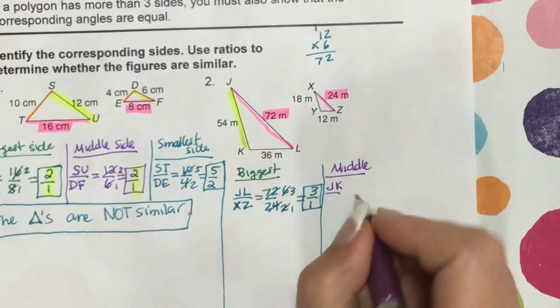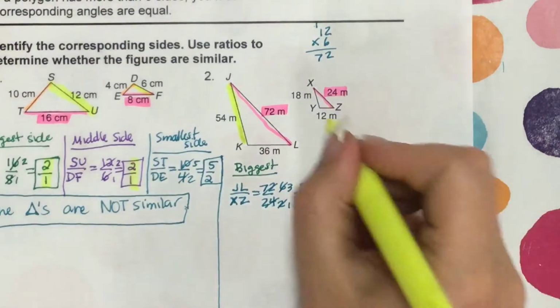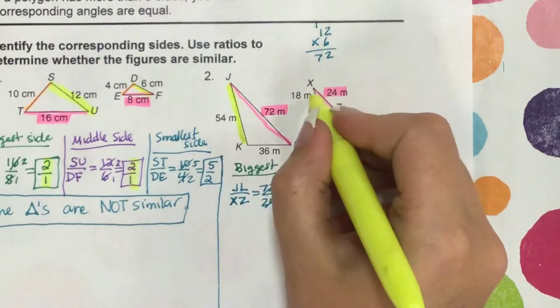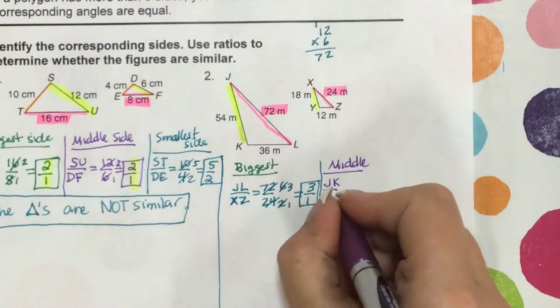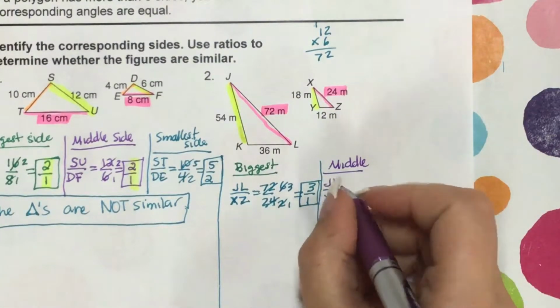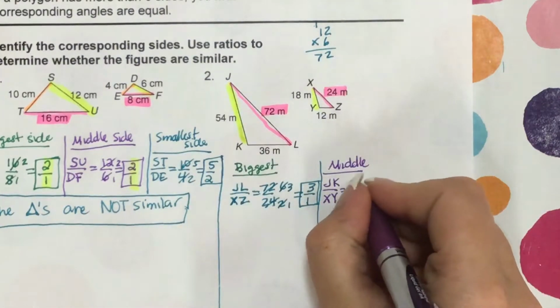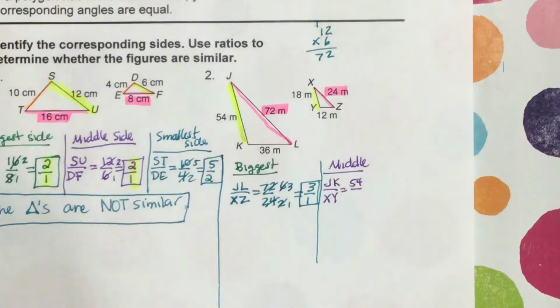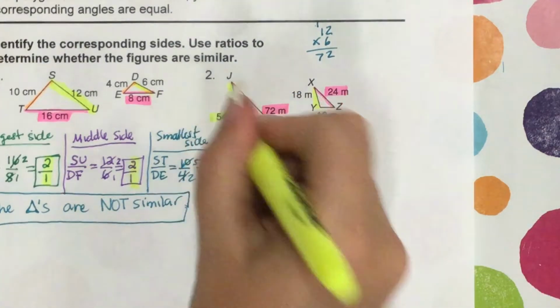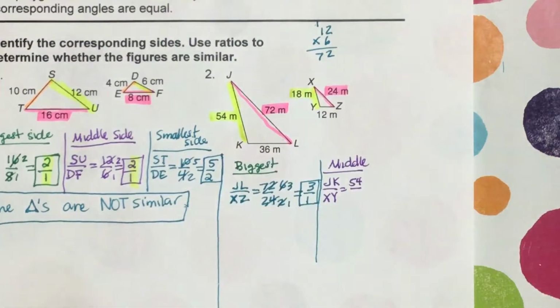So JK over the middle number here is 18, which is XY. So JK is 54 over XY, which is 54, and XY is 18.